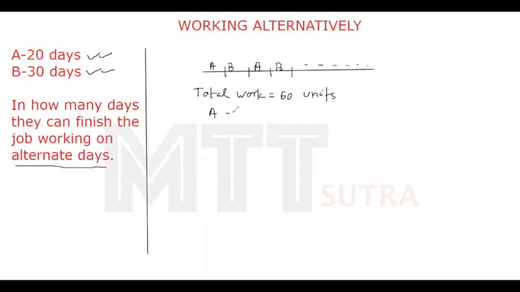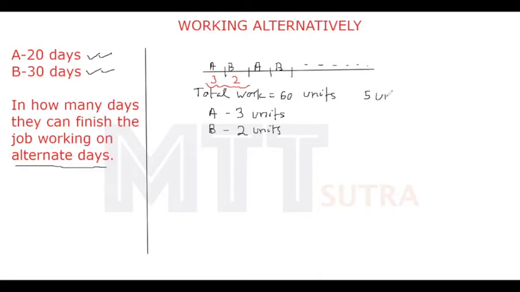A does 3 units of work in 1 day, and B does 60 by 30, that is 2 units. So A does 3 units here, B does 2 units here, and the total is 5 units.